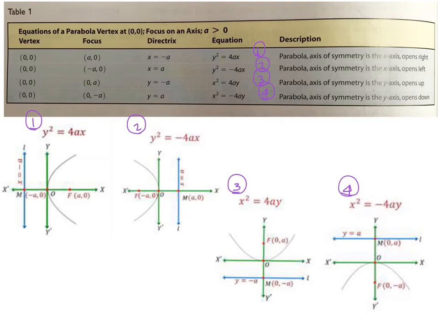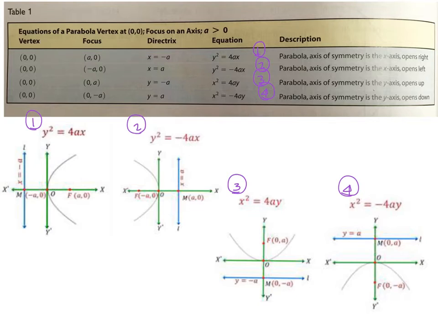What I was talking about before, where things open to the right or open to the left, those two start with y squared, and that's going to give you either negative or positive 4 times a times your x value. The axis of symmetry is going to be the x-axis. It's going to run straight through the vertex and the focus, and it's either going to open to the right or to the left, depending on if it's positive or negative.